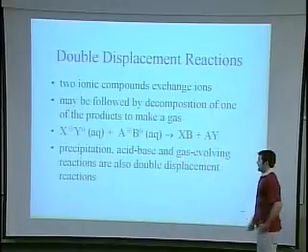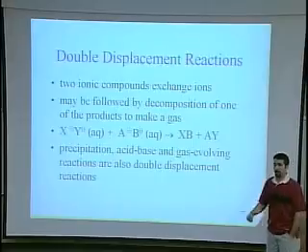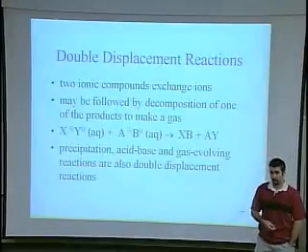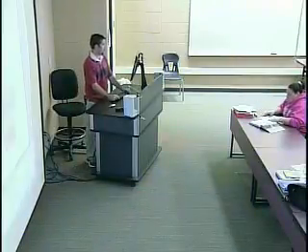Okay, so your precipitation, your acid-base, your gas-evolving reactions, you will see that when you start classifying those, you could also classify those as double displacement reactions. Okay? Depending on the choices that I give you is going to depend on what your answer will be. I'll never give you a chance where, if I only have A, B, C, and D, I'm going to list 2 of the possibilities there. Only one of them will be the answer, so you can figure it out.